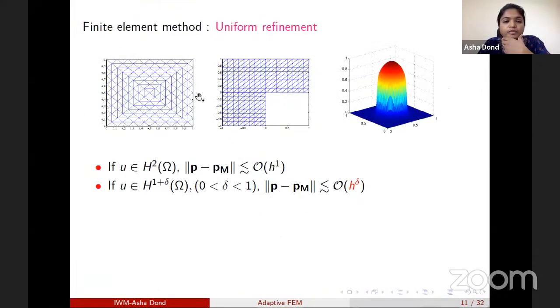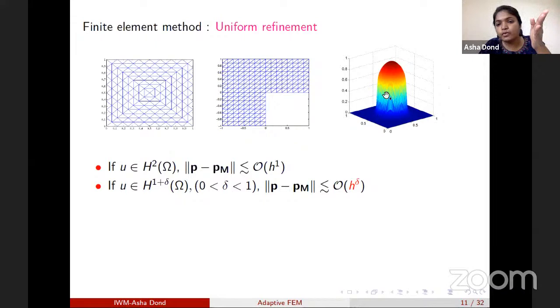But there are many problems. If you have a convex kind of domain and your function is smooth, then we can get the optimal convergence rate. But suppose we have an L-shaped domain, or suppose you have a solution which has a layer inside the domain. This layer is very sharp, and if you approximate such a function with P1 polynomials, obviously this will not give a good approximation on this interior layer.